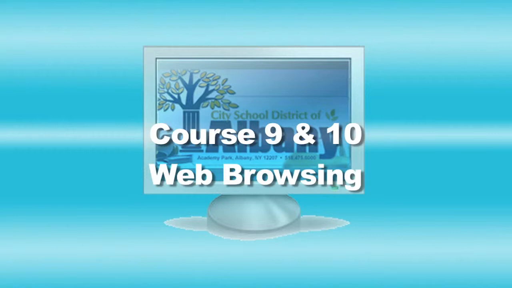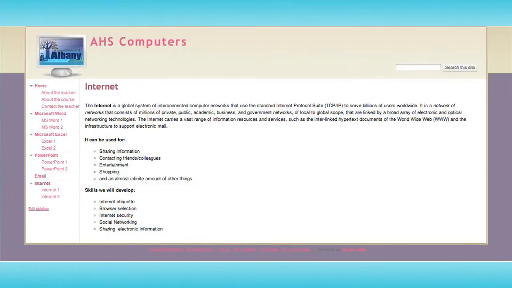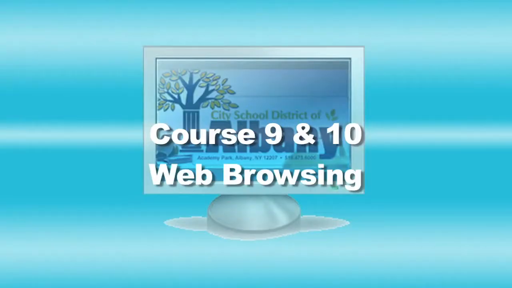In Courses 9 and 10, we spend time exploring the internet and learning the basics of web browsing. We also visit many popular sites, such as Facebook and Google, to give hands-on practice. In the final course, the students are also given the URL to the class's webpage and encouraged to share contact info with their fellow classmates.